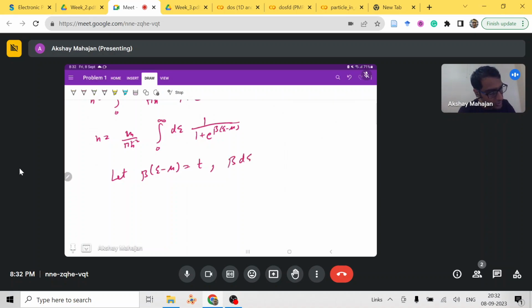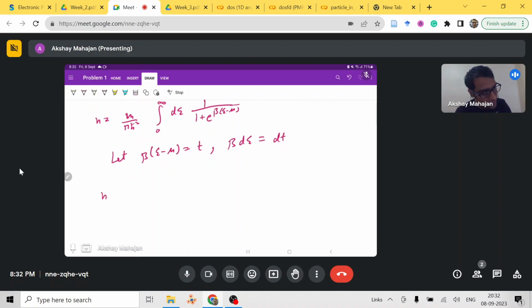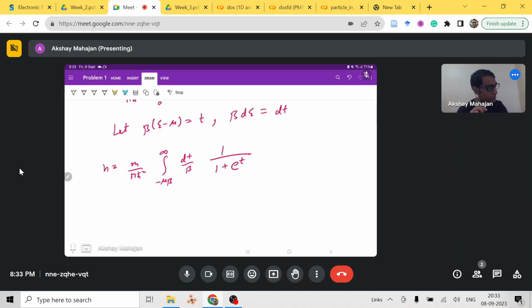So beta d epsilon will be equal to dt. So our n will be m upon pi h bar squared, integrating from epsilon 0, which is minus mu beta, to epsilon infinity, of dt, where d epsilon equals dt by beta, and we have 1 upon 1 plus e to the power t. This is the integration that we have to find.